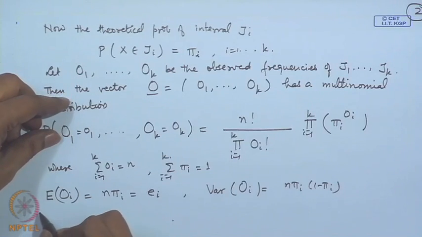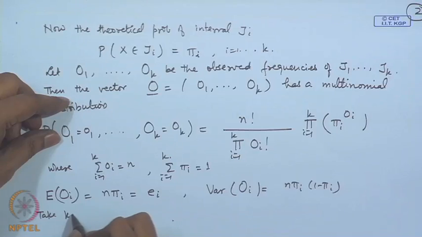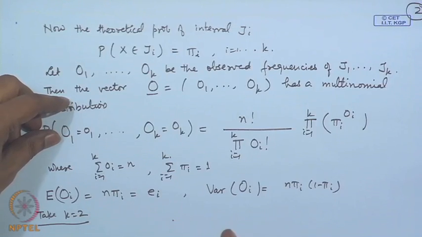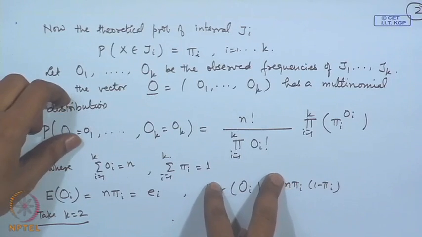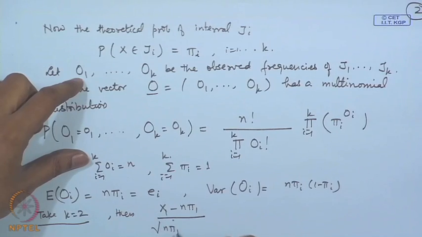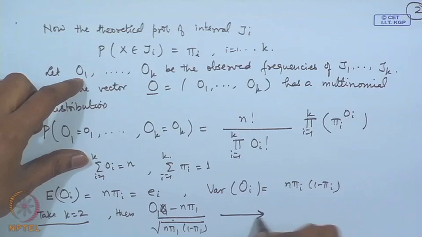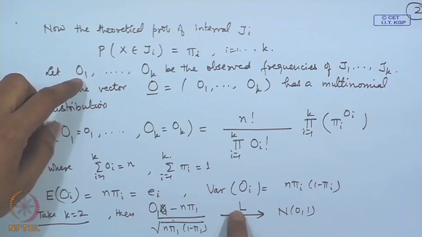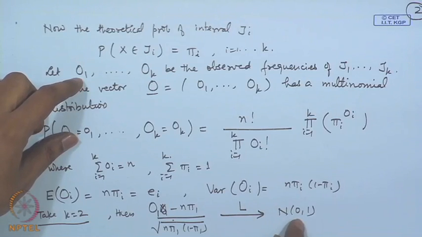Now, let us take k equal to 2, that means only 2 classifications are there. Then actually it becomes a binomial distribution, and for the binomial distribution we have the statement that X1 minus n pi1 divided by square root of n pi1 into 1 minus pi1, where this X1 is O1, converges in distribution to normal 0, 1. This is the notation for convergence in distribution.